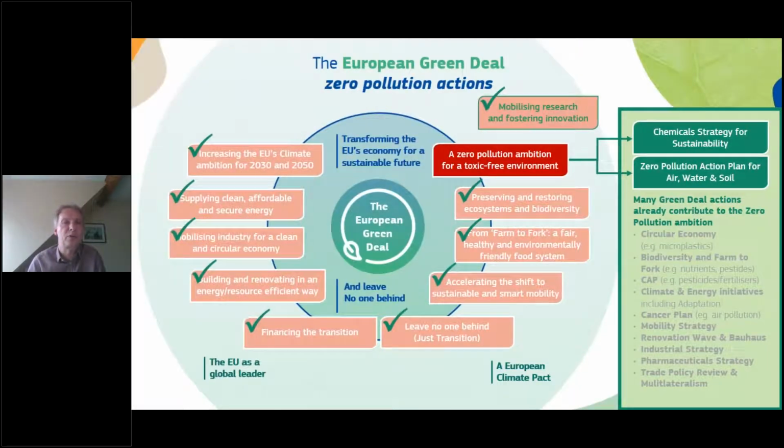First of all, I think it's important to keep in mind that it comes within the context of the European Green Deal, which was adopted by the end of 2019 and is really meant to be the new European growth strategy, certainly for the duration of this Commission and hopefully well into the future.